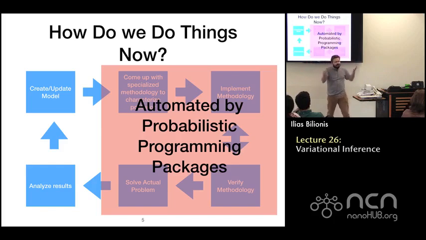So all these things, right, you can describe in languages like PyMC, and there are other probabilistic programming packages that I will refer to later. And then PyMC creates for you a Markov chain Monte Carlo sampler that is already validated because we know that it works, okay? And then you just sample from it and you just analyze your results, okay?